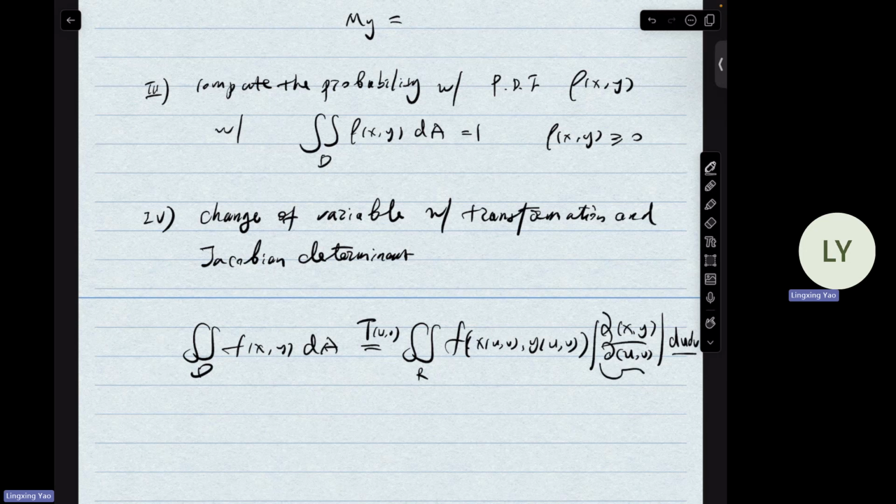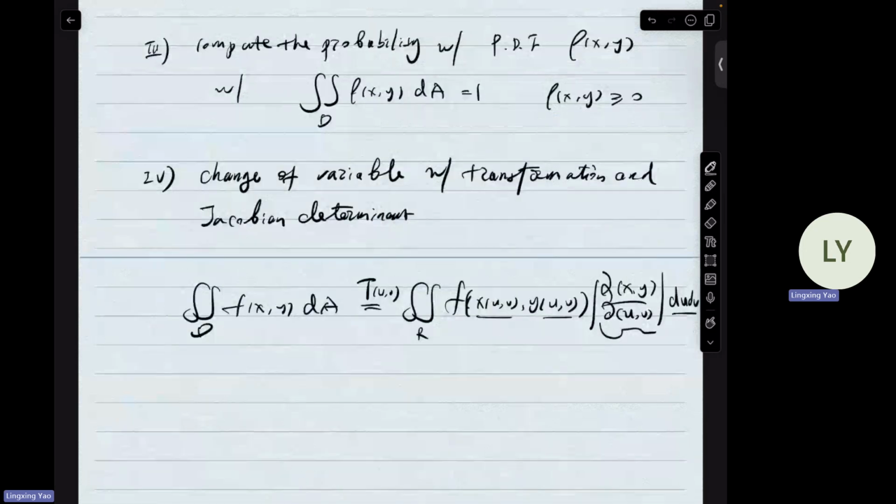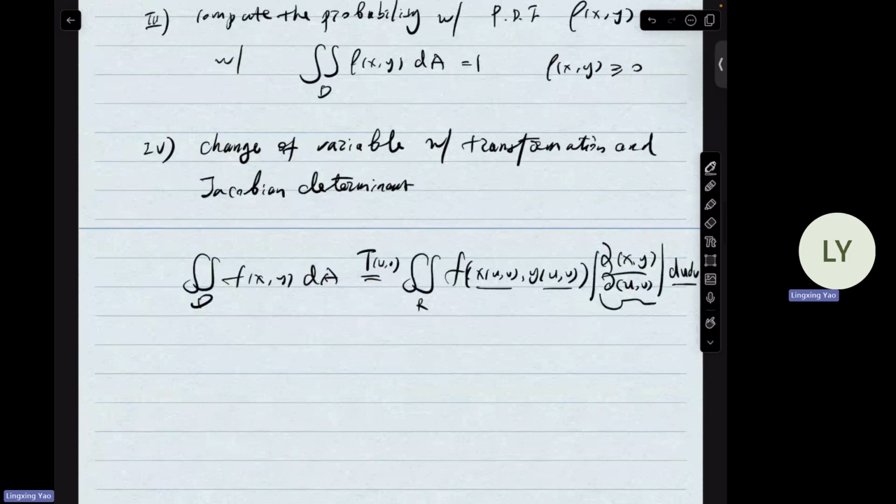Here x of UV, y of UV is the so-called inverse transformation, or whatever you want to call it. We discussed this, and you probably already worked on this in the quiz last week, and hopefully you remember this.